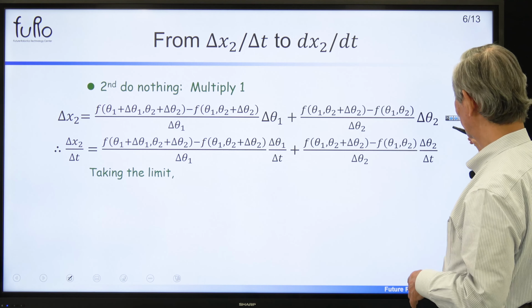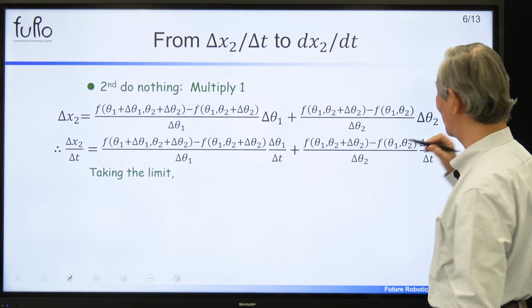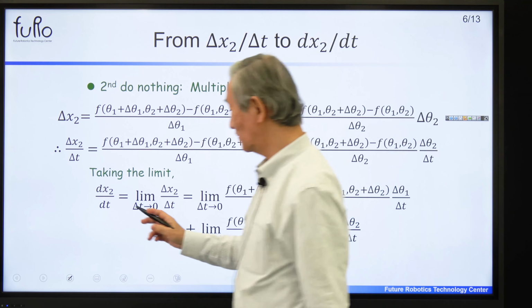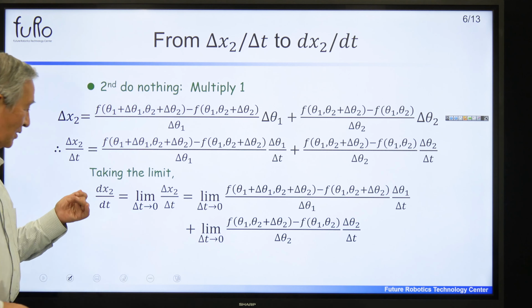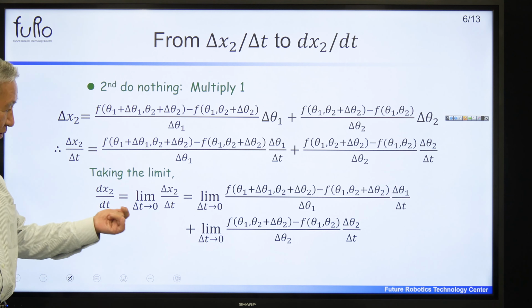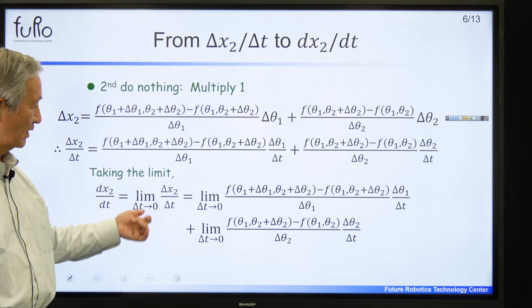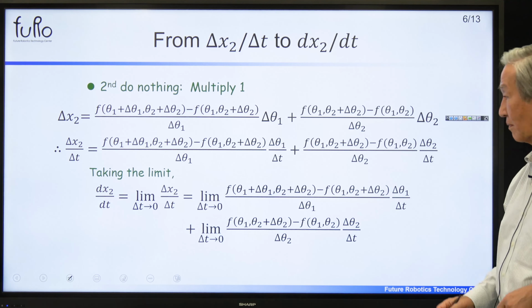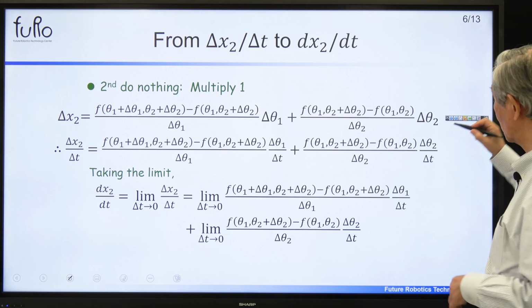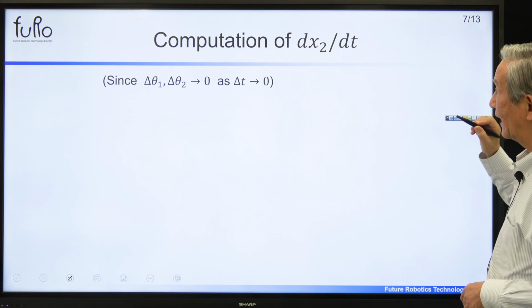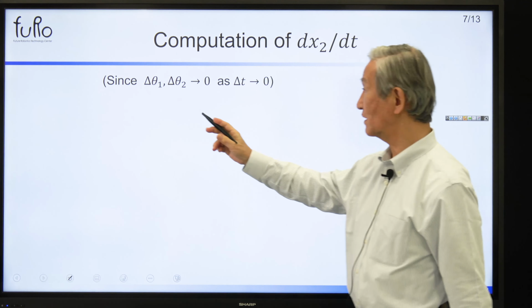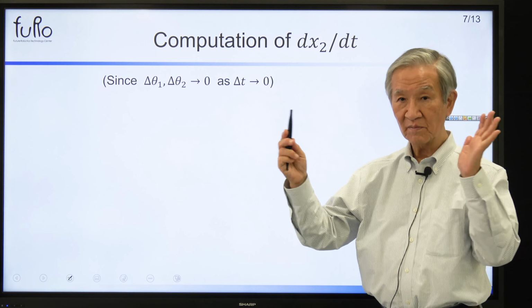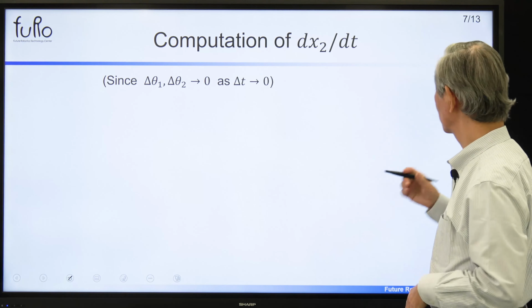Aha! We just have to take the limit, whenever you compute the derivative. dx2/dt, in other words, the speed of x2, is the limit as delta t goes to 0 of this plus that. So we have two terms here. And delta theta 1 and delta theta 2 go to 0 as delta t goes to 0, right?